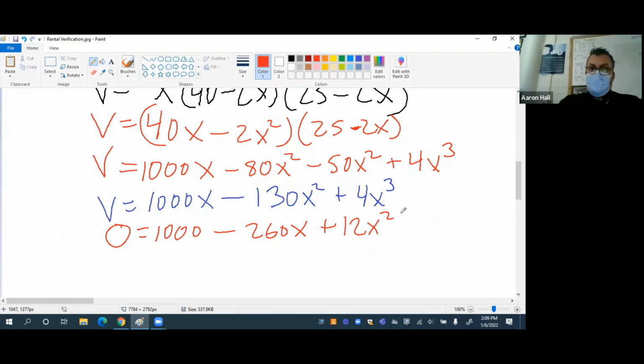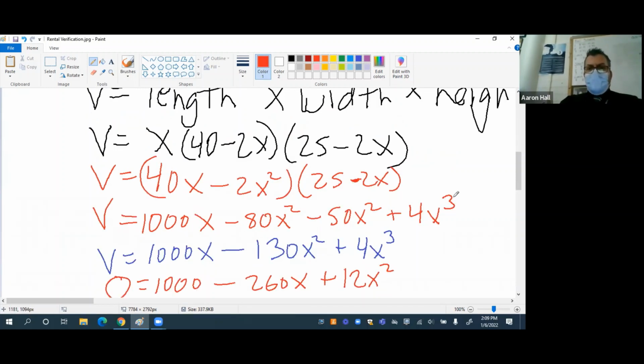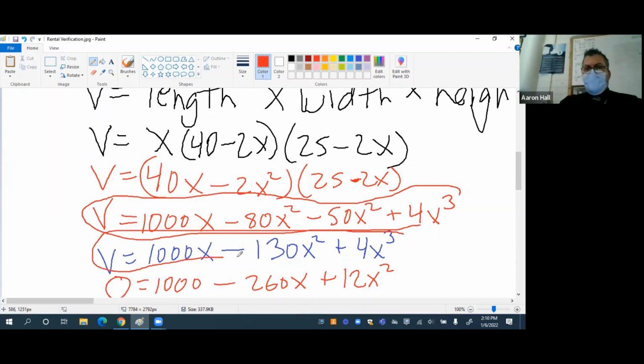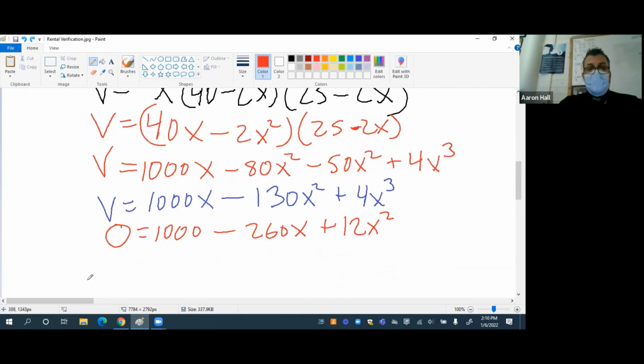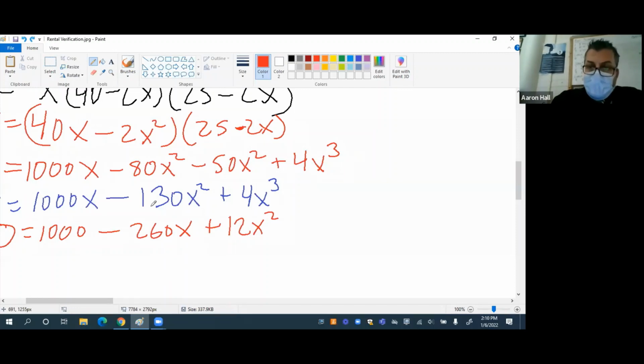So what kind of function is this? What function family does it belong to? Is this linear, exponential, quadratic, cubic, quartic? It's cubic. So we're looking at something that probably looks like this, and I'm trying to find that maximum volume.